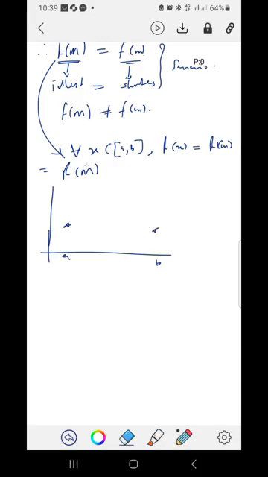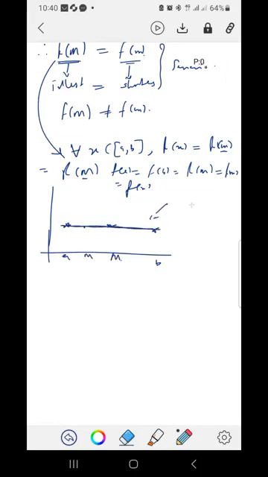If f(M) and f(m) are the same on the graph, it means that everybody will have the same height, which means that f(a) will be the same thing as f(b), as f(M), as f(m), and as f(x) for all x. So the function will be like this.